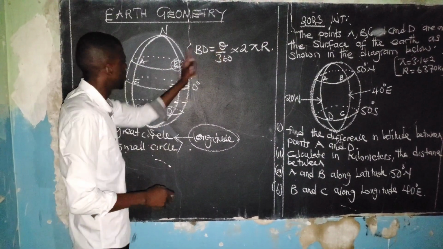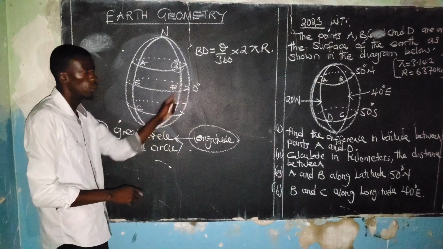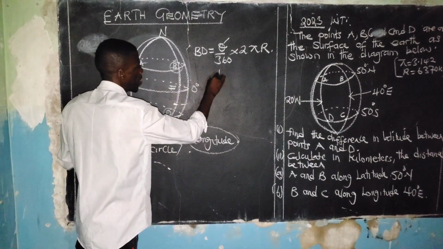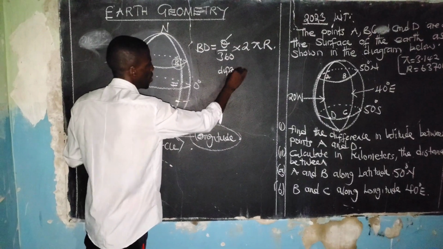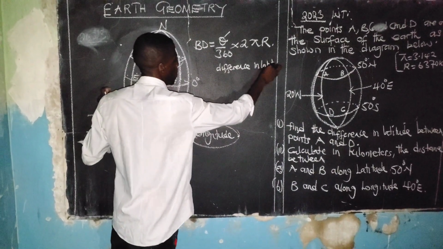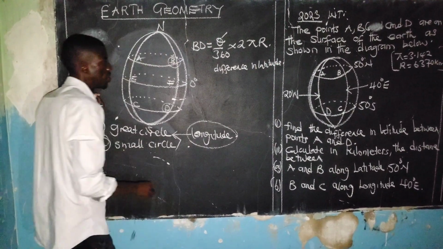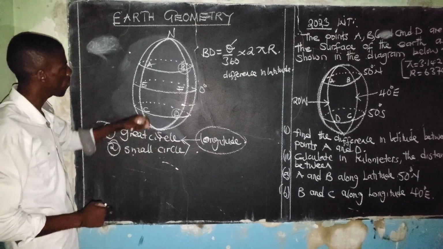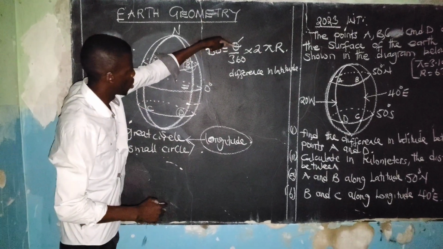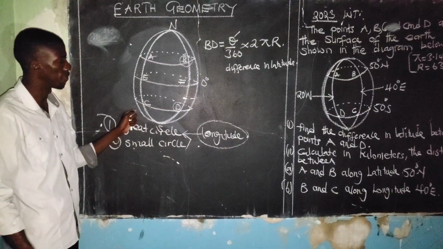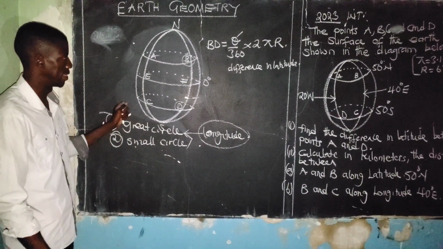Where the theta, since it is on the same longitude, the theta is the difference in latitudes. Okay? So the difference in latitude. You check if they're in the same hemisphere, you subtract. If they're in different hemispheres, you add.